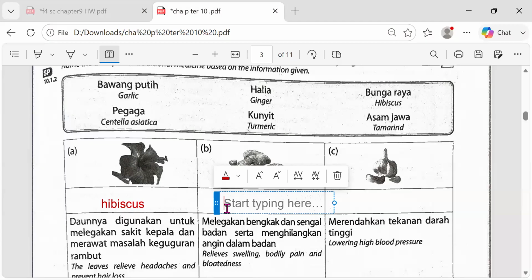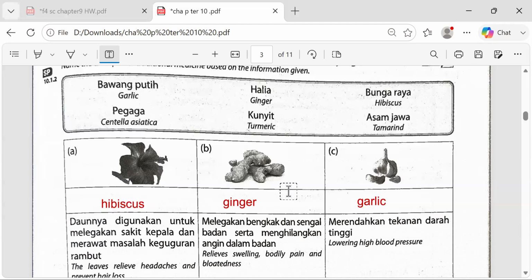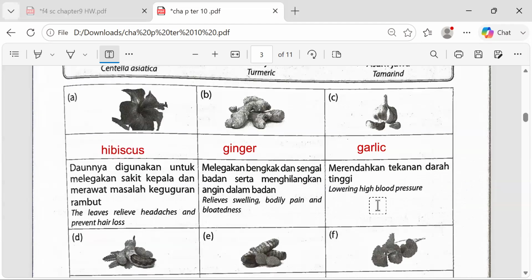This is ginger. This is garlic. It's to ward off what? Vampires. No. Garlic lowers high blood pressure, but actually garlic also helps to kill bacteria. It's very good antifungal, antibacterial.